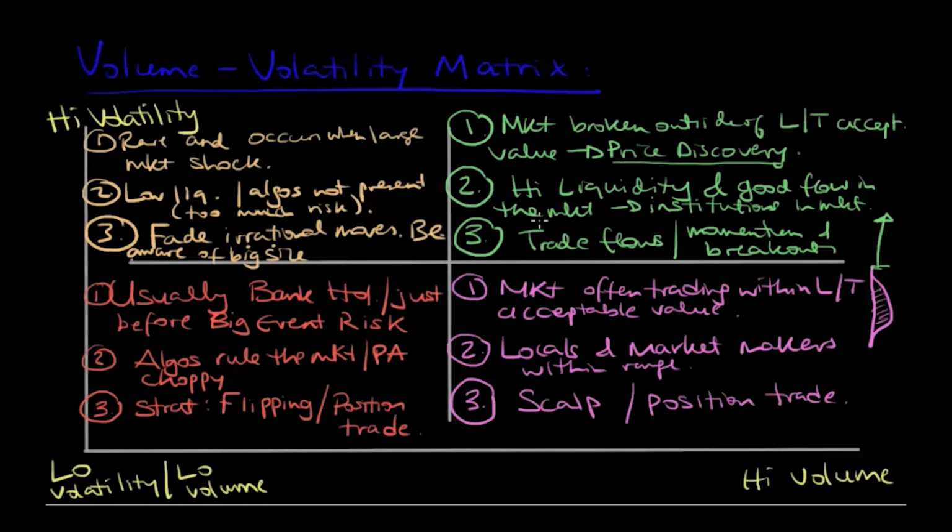A lot of the time it's spent in this area, which is really range bound, with average to good volume. High volume, low volatility: the market's trading within an acceptable range, not moving too much.